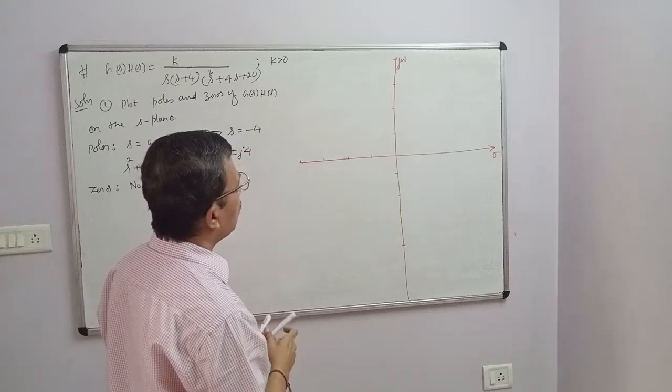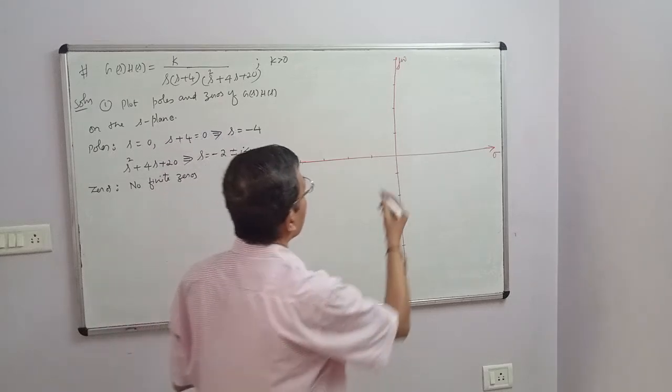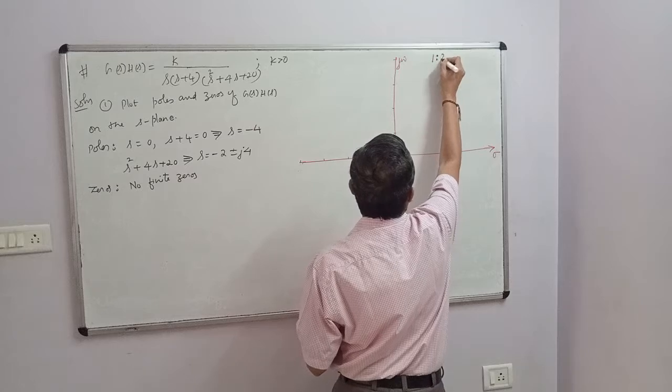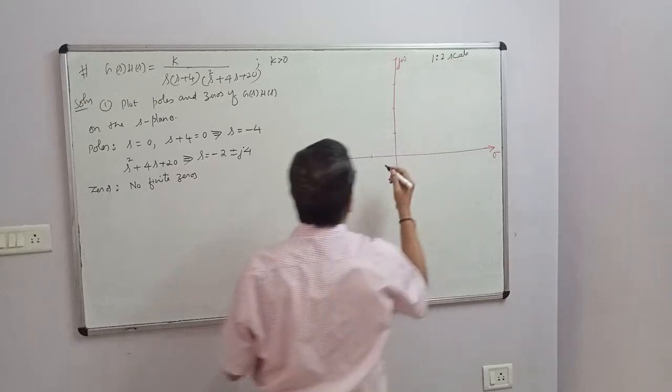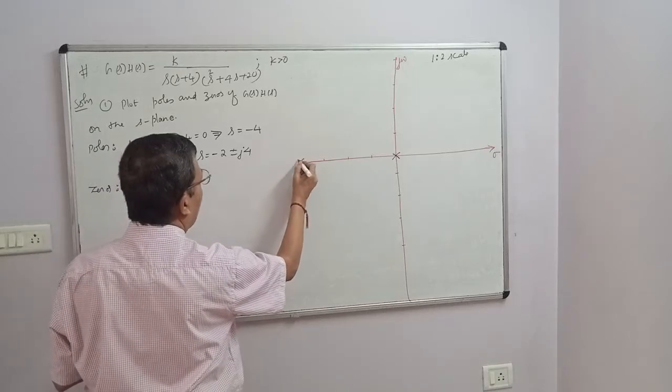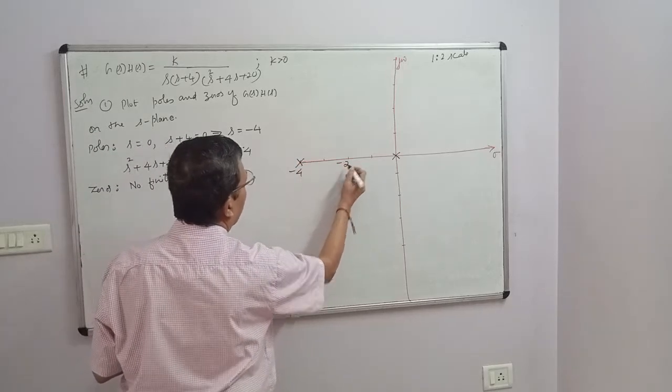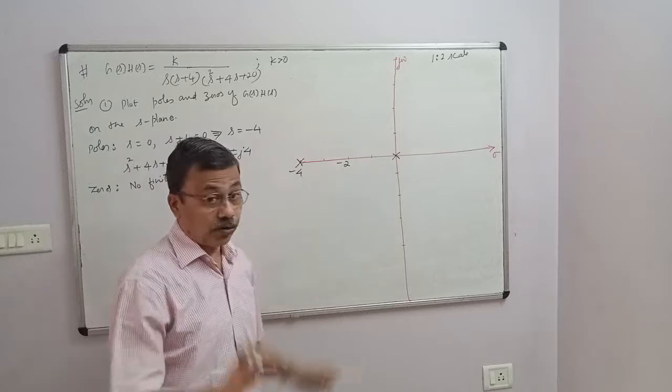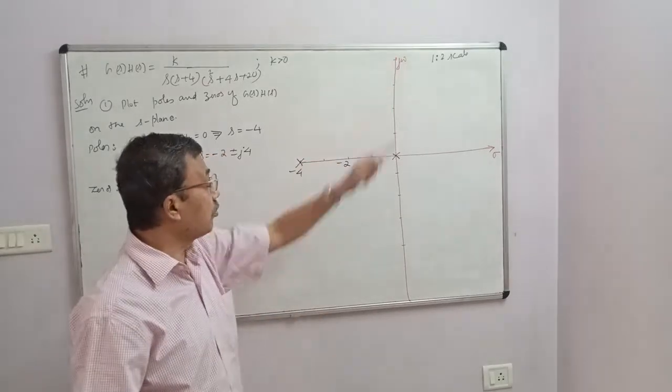The scale we are going to choose is 1:2. So this is the pole at the origin. Then this is the pole at minus 4. This is minus 2. Minus 2 means actually 4 centimeters. Keep this in mind, 1:2 scale.